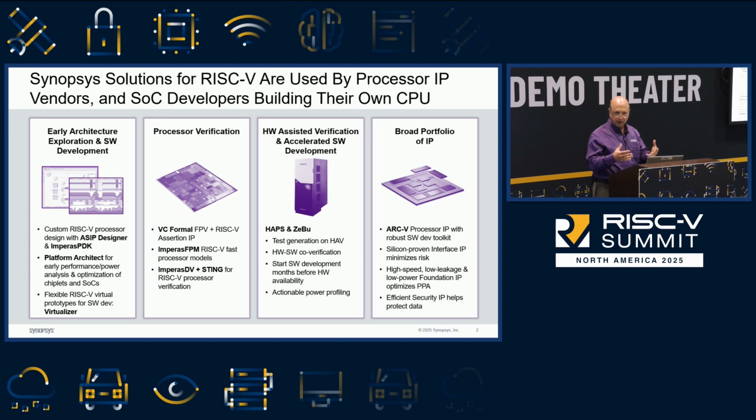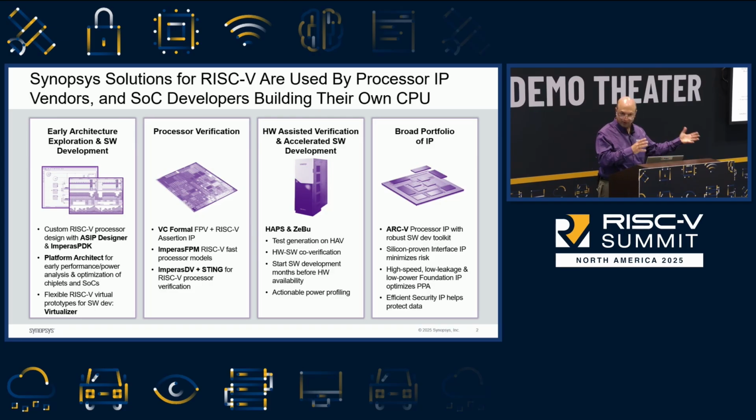as we move on in verification, we want to use hardware platforms, use emulation and FPGA prototyping. Those platforms also get used for software development, and that's where the HAPS and ZeBu platforms from Synopsys come in for test generation on the hardware-assisted platforms, hardware-software co-verification, early software development.